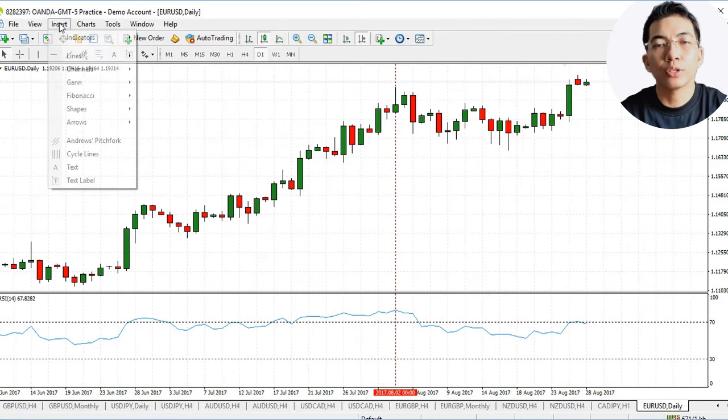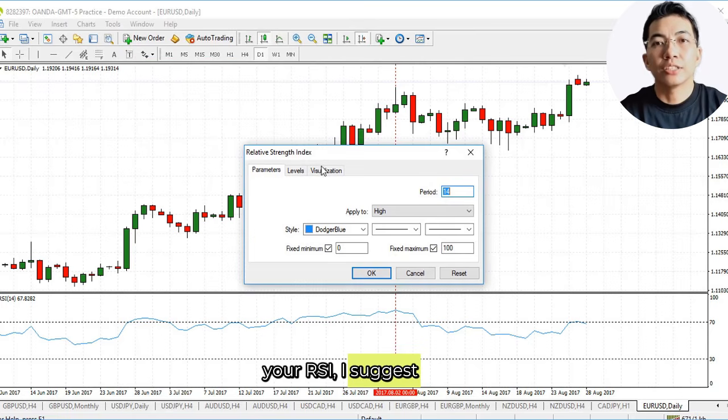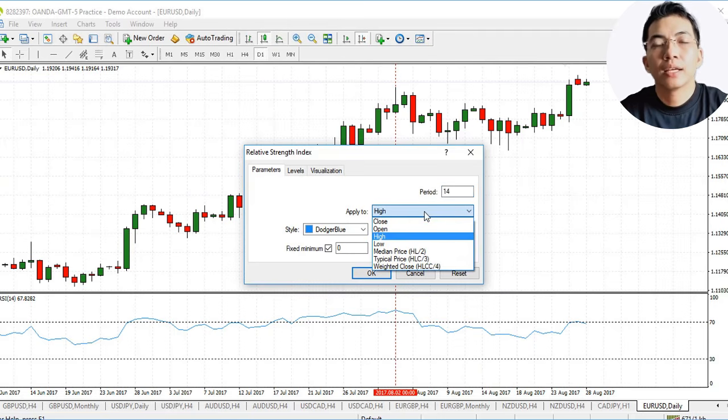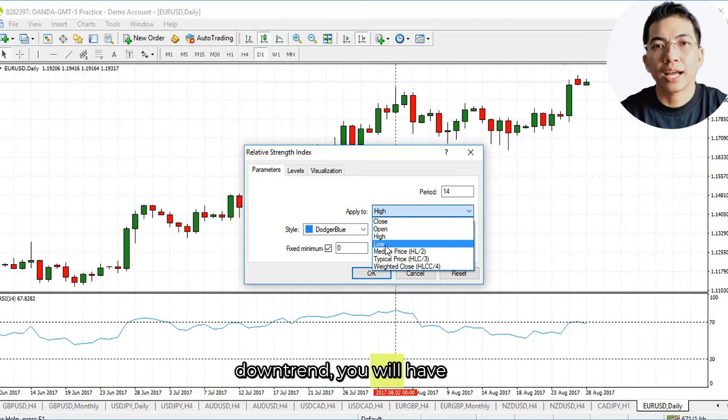So when you open your RSI, I suggest to leave all the settings like that. A period of 14 candles is fine, but adjust this setting according to the trend on the market. If there's an uptrend, you will have a better view selecting high. If there is a downtrend, you will have a better view selecting low.